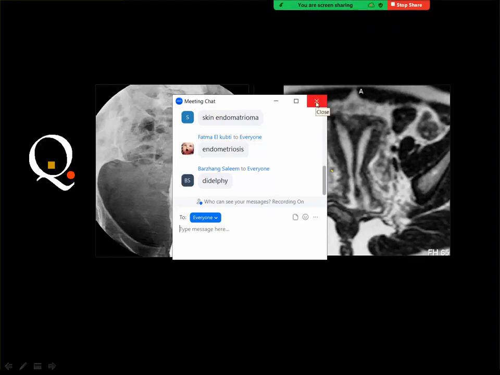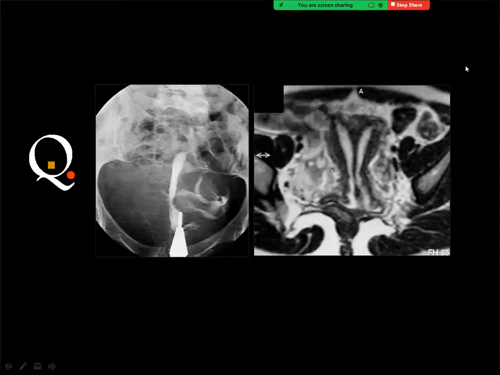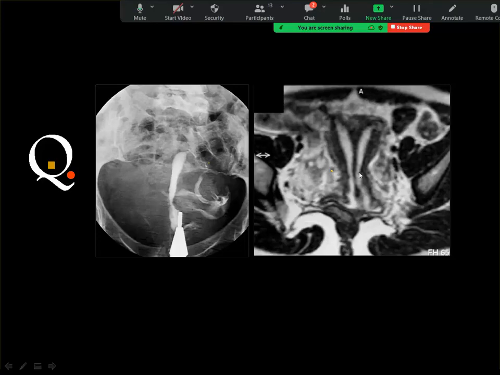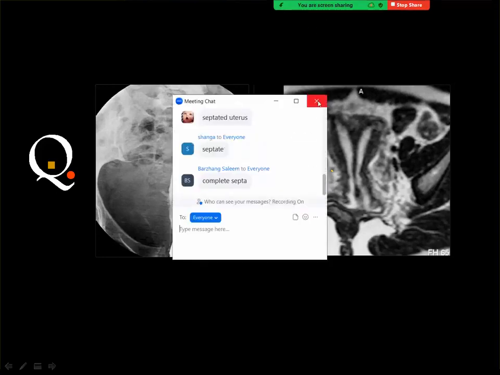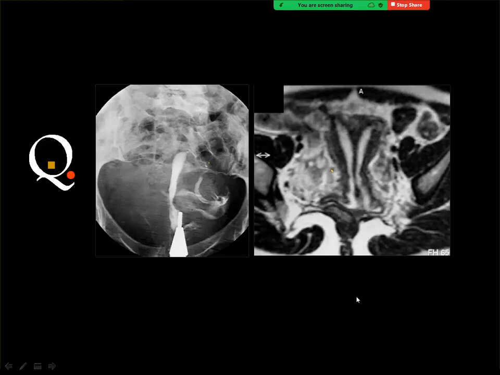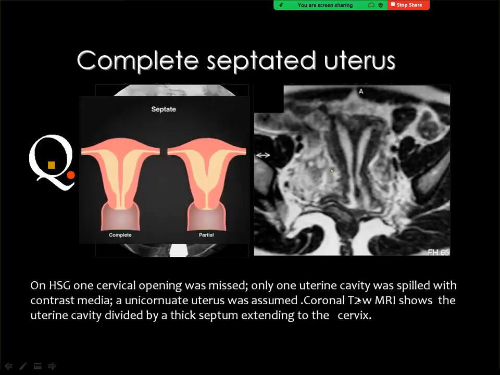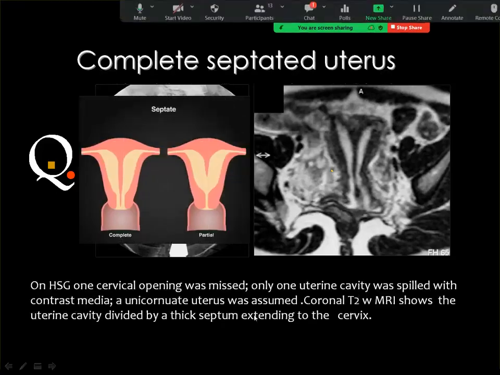Next case is a hysterosalpingogram and MRI of the same case. No, and this is not uterus didelphys, because in cases of uterus didelphys, both cornua should be separated from each other. They are not attached by myometrium, and actually this is a septate uterus, and this is the right answer.